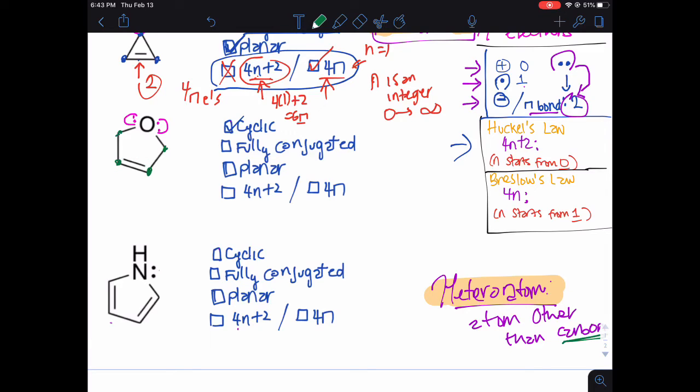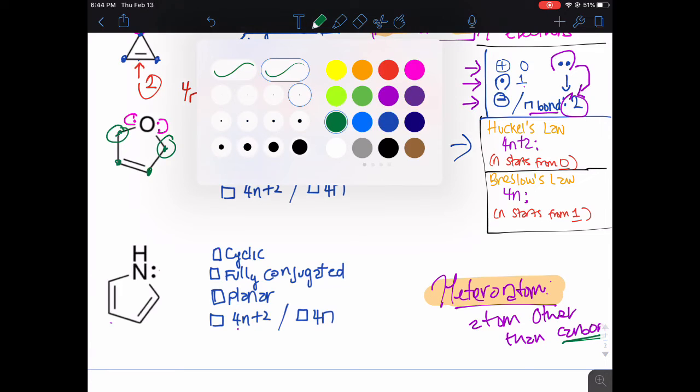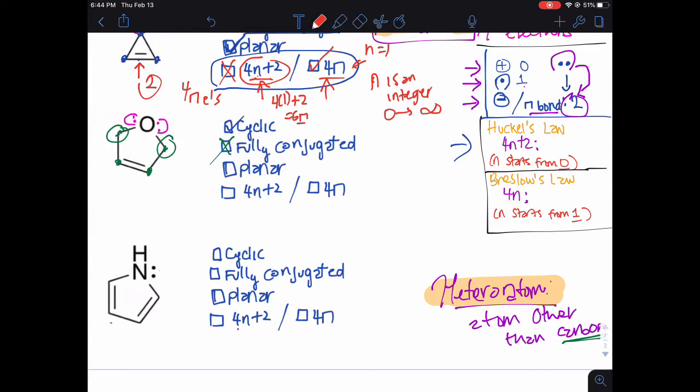They have a pi bond connecting them. But this and this carbon are not conjugated because they have neither a charge, a lone pair, or a pi bond. So this is not fully conjugated. It's already disqualified, and thus it's non-aromatic. Something will be non-aromatic if it doesn't meet the first 3 criteria.